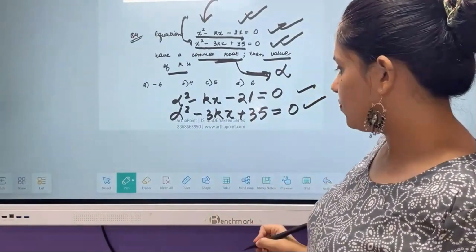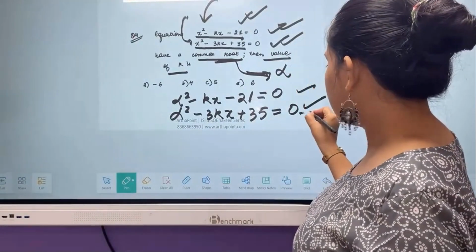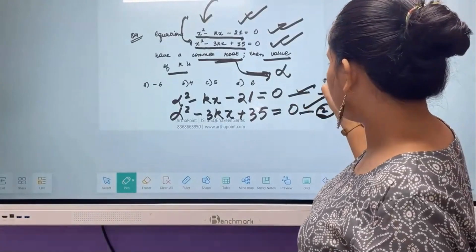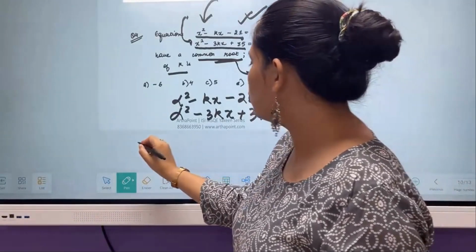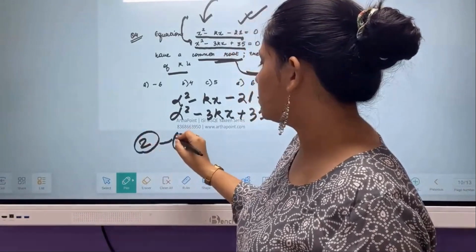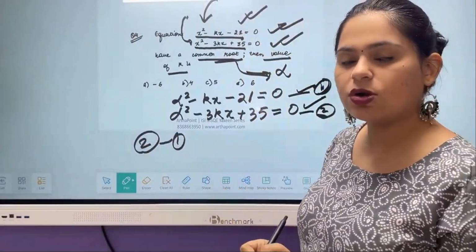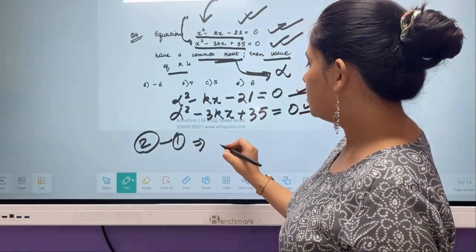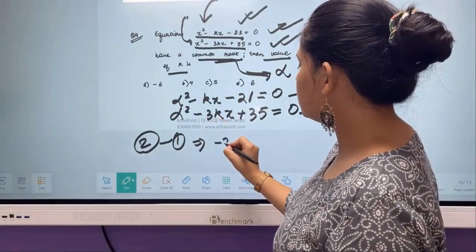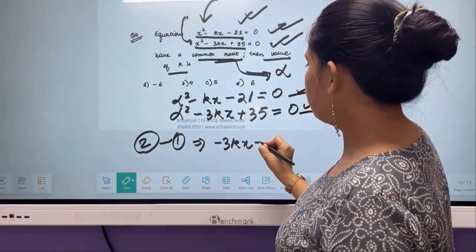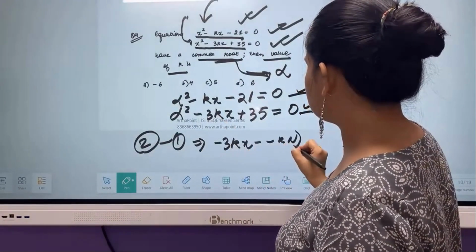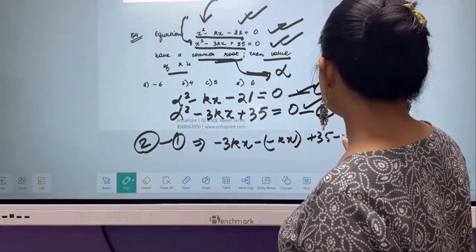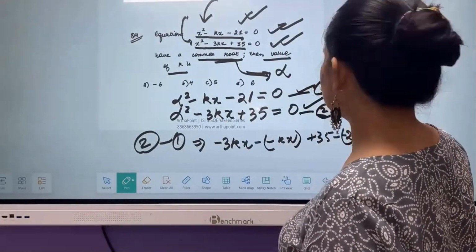अच्छा बेटा, now suppose I name this as equation 2 and this as equation 1. Can I do 2 minus 1? Yes ma'am, I can do 2 minus 1. What will that be? It will be minus 3k alpha minus k alpha plus 35 minus 21 equal to 0.